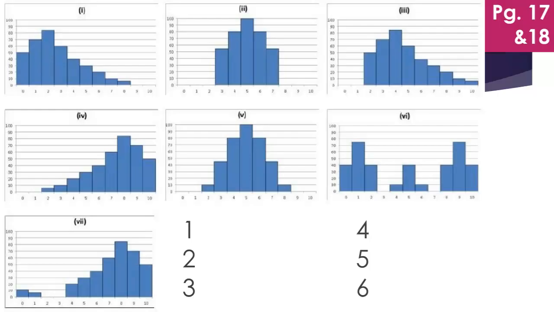So we are looking at these. Let's look at number 1. Question number 1 is on page 18. It says, which histograms have a mean which is greater than the median? So the mean, the average, is greater than the median. Remember, median is middle. The mean is bigger than the median.